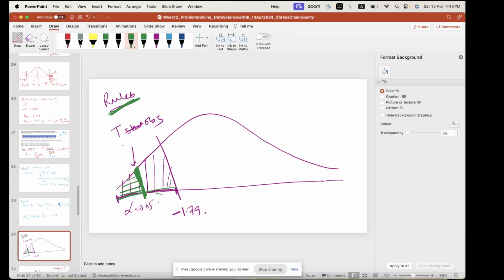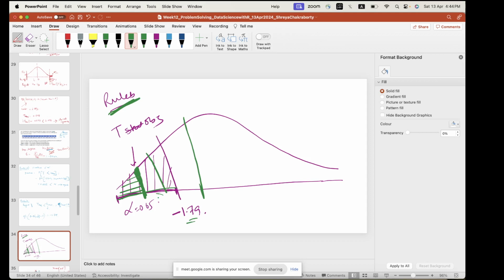As long as my t observed is less than the t critical, this p value will also be less than alpha, 0.05. If I slide it along this side, then the p value may increase, but it will still remain below 0.05. Now if my p value is greater than 0.05, that means the equivalent t observed is falling beyond minus 1.79, so we are not able to reject the hypothesis.